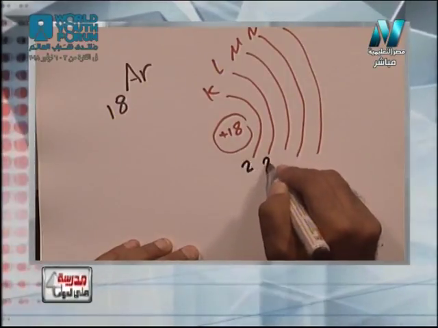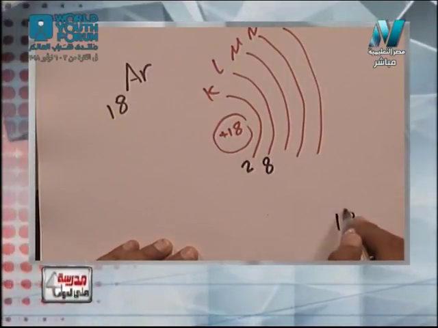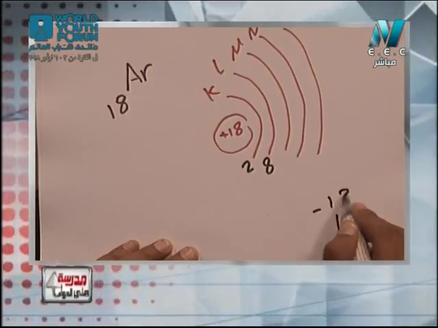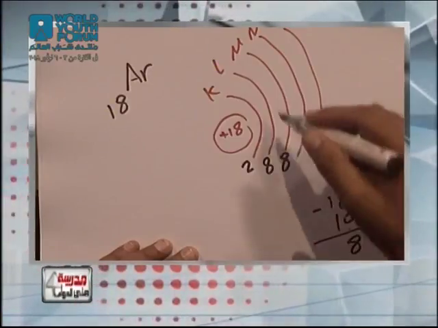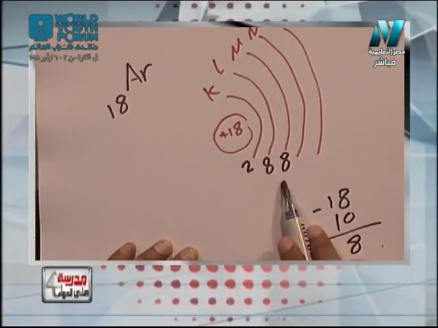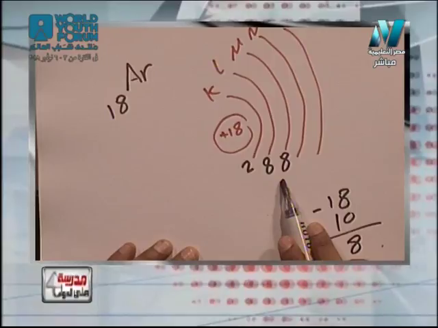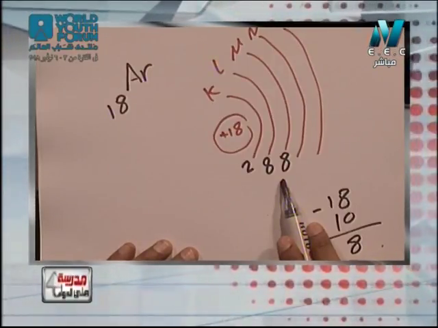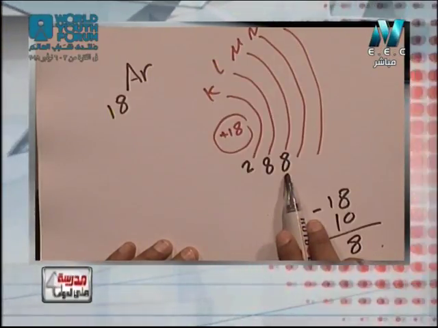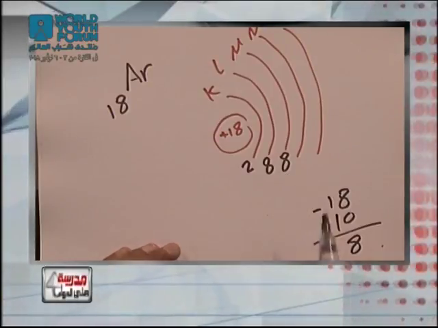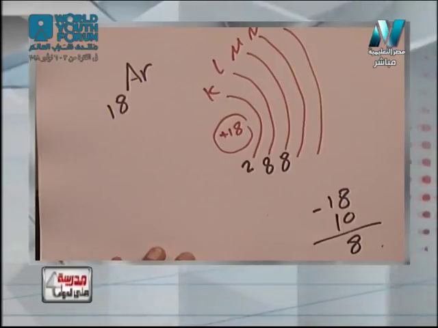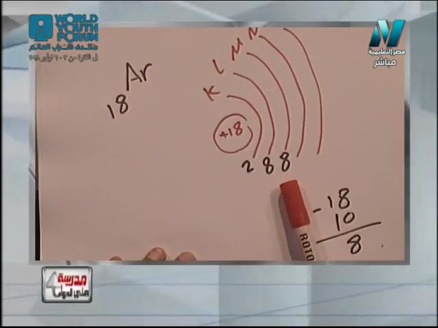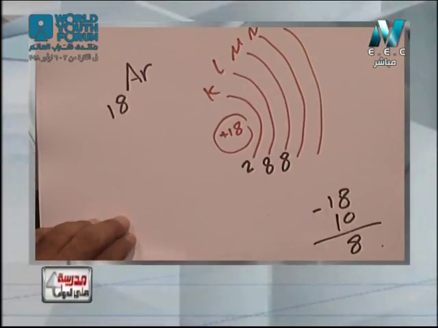L can carry 8. Now they are 10, so the remainder is 8. Notice this atom is saturated. The outermost energy level contains 8. So it is saturated. It's called a noble gas because its outermost energy level is filled completely with 8 electrons.